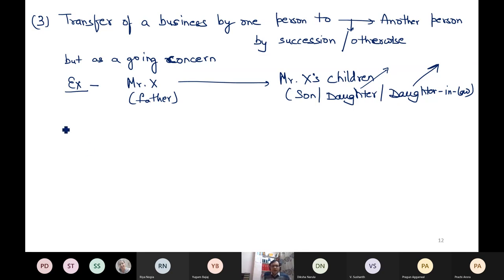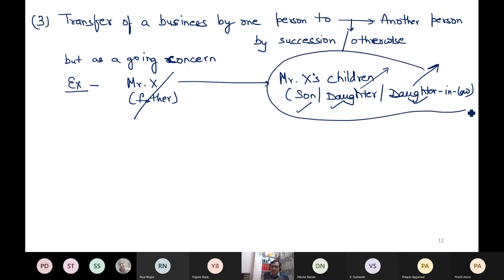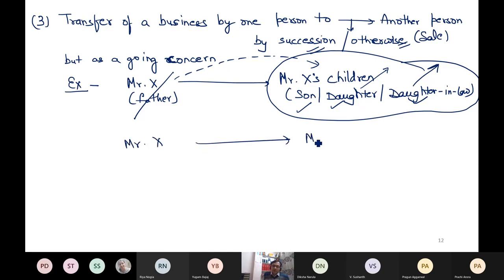So now by default, what happens if the father dies? Then who is the new person? The new person may be a son, daughter, daughter-in-law, or any other person. This new person by default becomes liable. So when a business is transferred from one person to another, either by succession or by sale, for example, Mr. X wants to sell the business to Mr. Y. Now, as far as family is concerned, X and Y are not related.